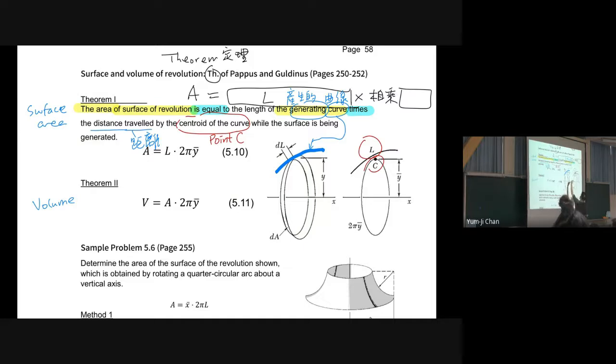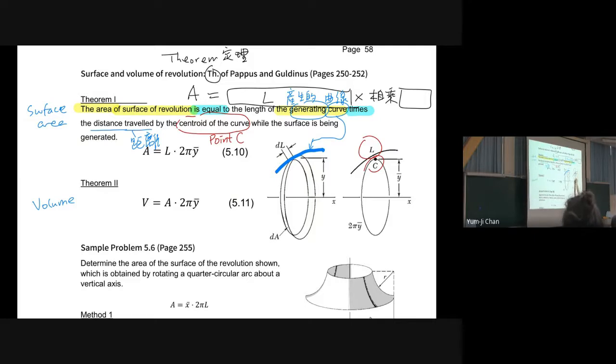For example, if the lathe turns for one circle or one round, the centroid goes from here to here to here and goes back to the original point, right?